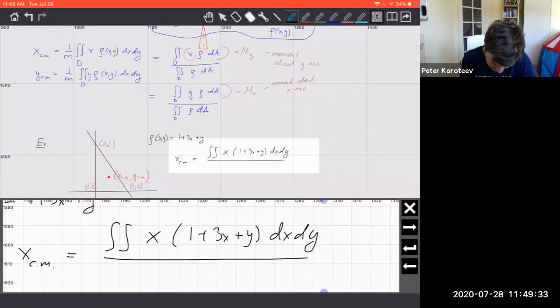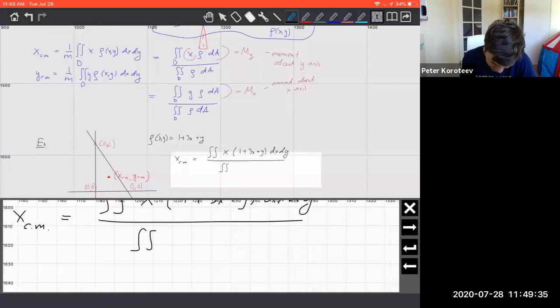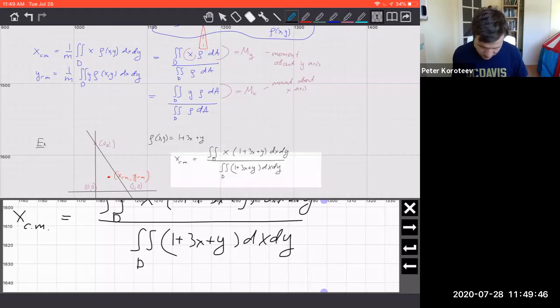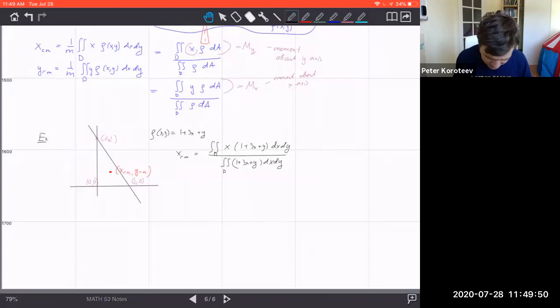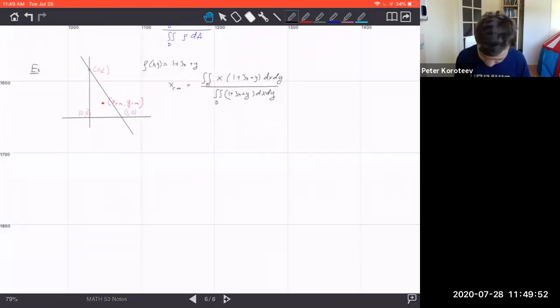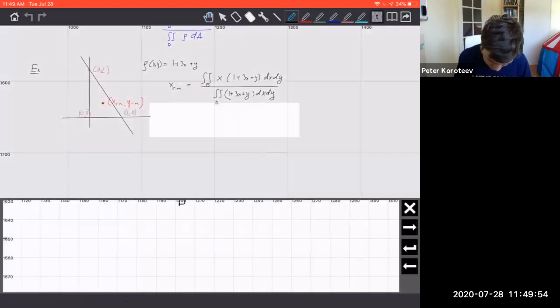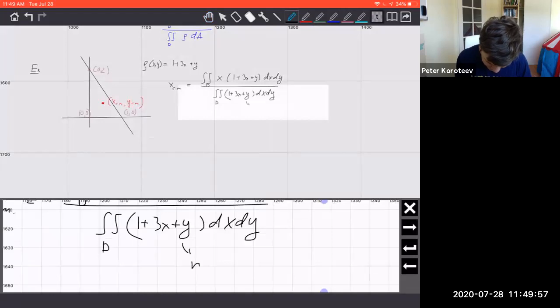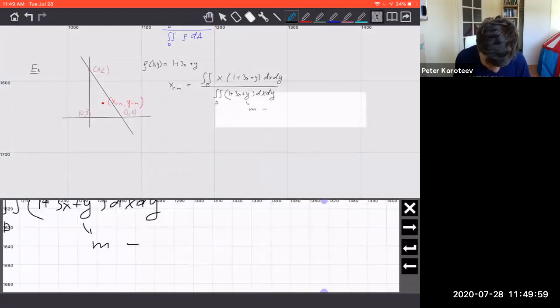We'll just need to calculate a bunch of integrals. Let's calculate them separately, the moments and the mass. So this is called the mass. Let's calculate it first, because it will be used in both integrals.